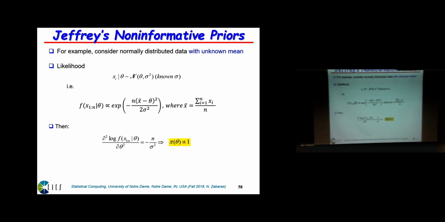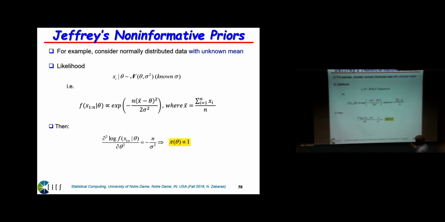Examples. I think I have several in the notes, so I'm going to do only maybe one or two, for the mean and the variance. So let's take our likelihood to be a Gaussian, and the only parameter of interest is the mean. So we take sigma to be given. We have a number of data points, and the likelihood basically takes this nice form.